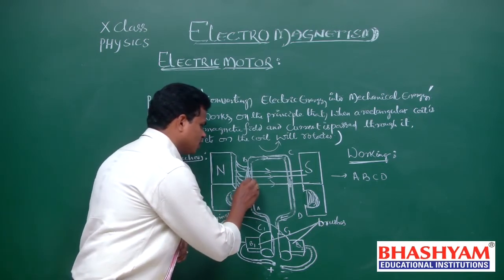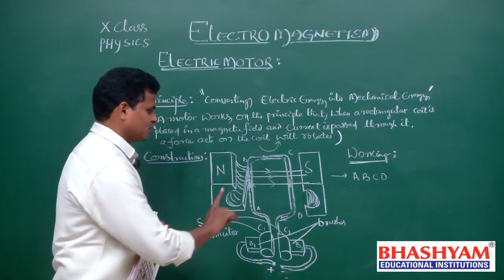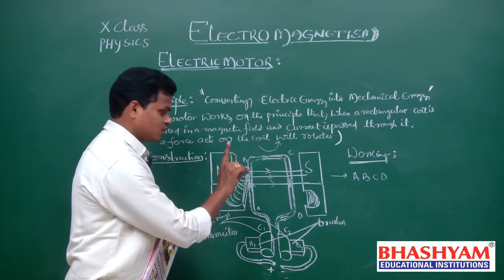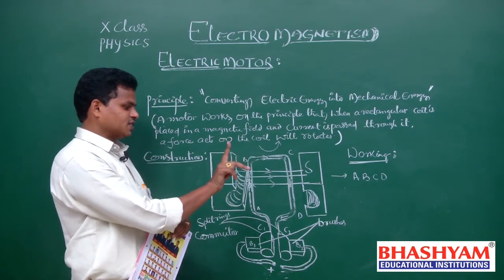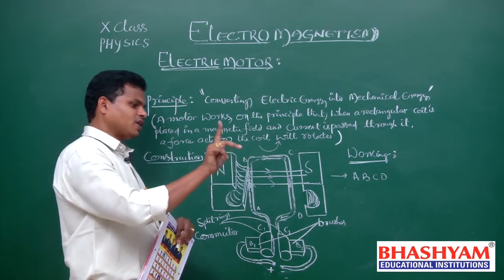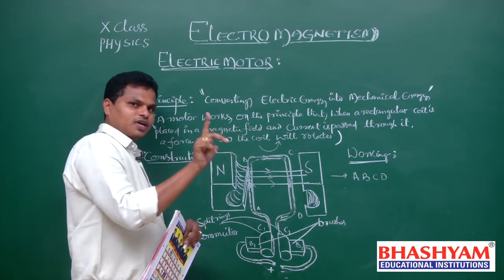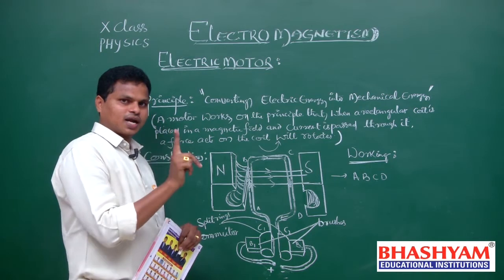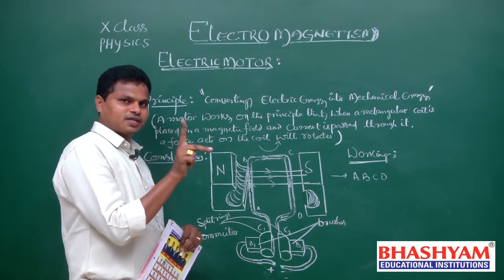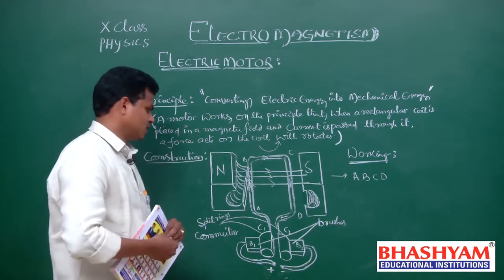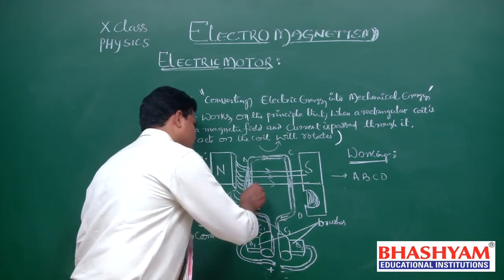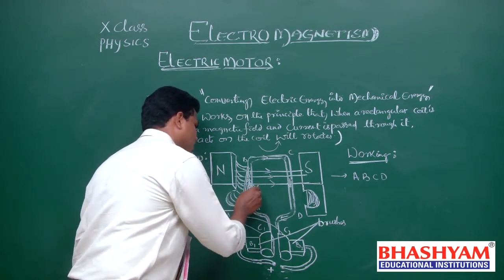The direction of current is upward, and the field lines go across. Now the force on arm AB is inward to the field. Current direction, field direction, then force into the field, that's why the force is in the downward direction.